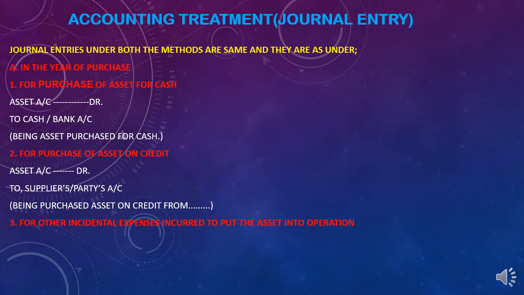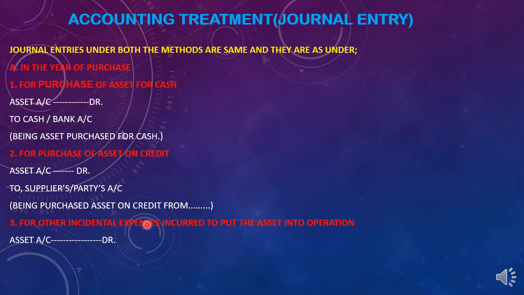for other incidental expenses incurred to put the asset into operation. So students, here the incidental expense is nothing but your installation charges or fitting charges, which will always be added to the fixed asset only.